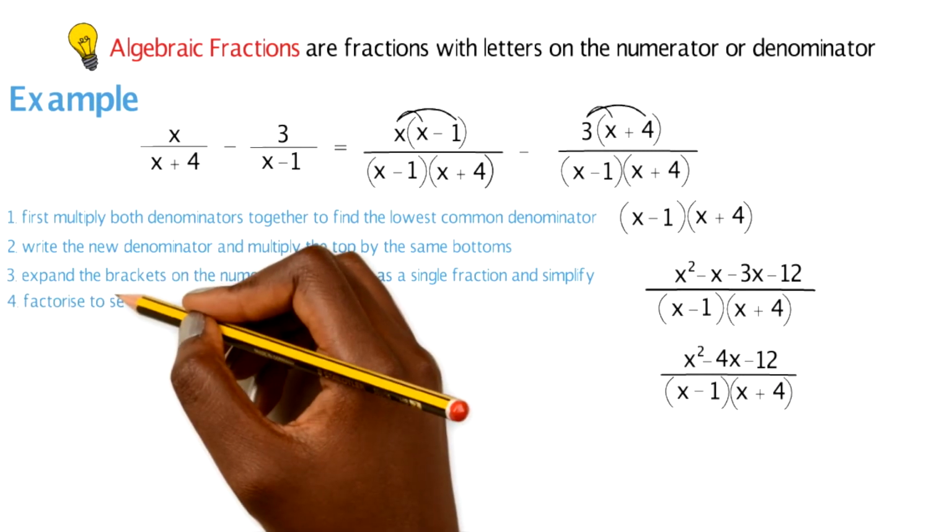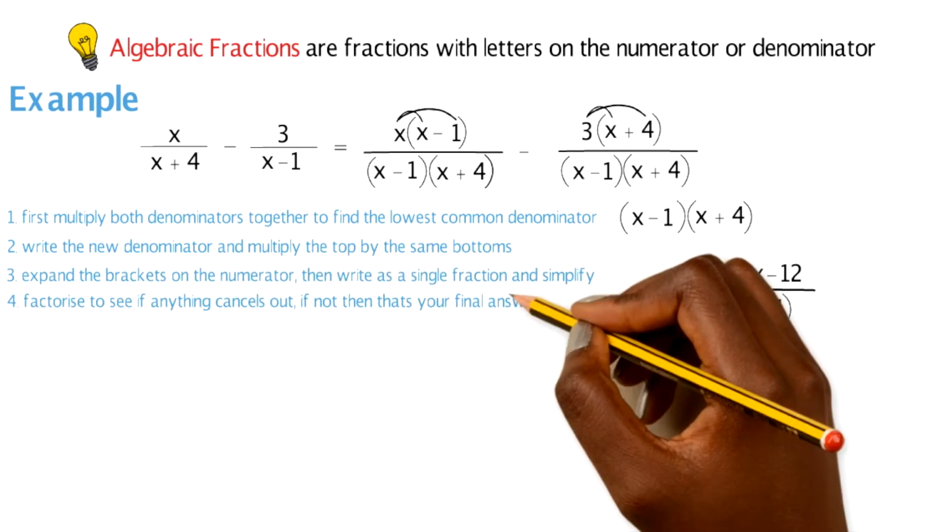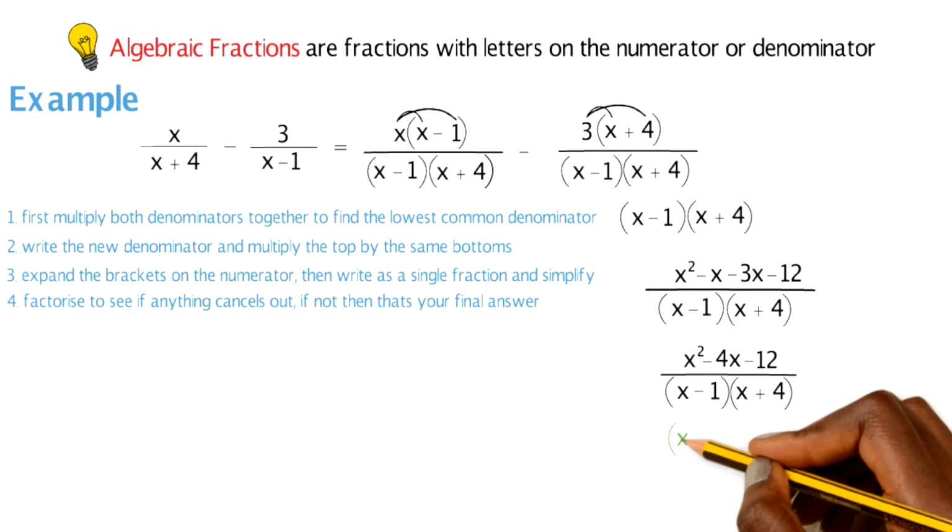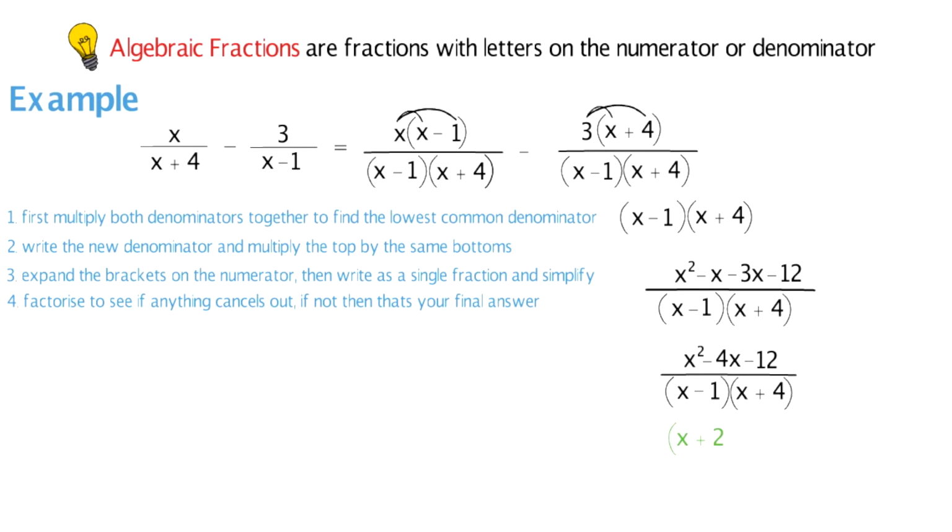And then lastly, we are going to factorize the numerator. And this is really important because if you notice that any of the brackets is the same as the denominator, this will allow you to cancel them out. So by factorizing the numerator, we end up with x plus 2 and x minus 6. I will put the video in the link below for factorizing quadratics.